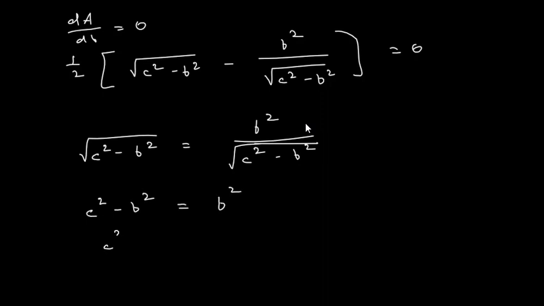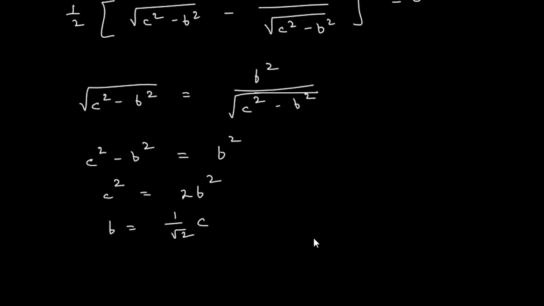That gives me c square is equal to 2b square, that is b is equal to 1 upon root 2 times c. Now as b is a distance, its value cannot be negative, so we have taken the positive value. So the value of b equal to 1 upon root 2 c is the critical value.